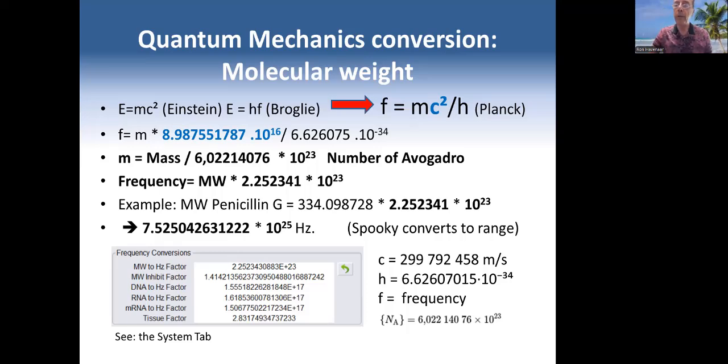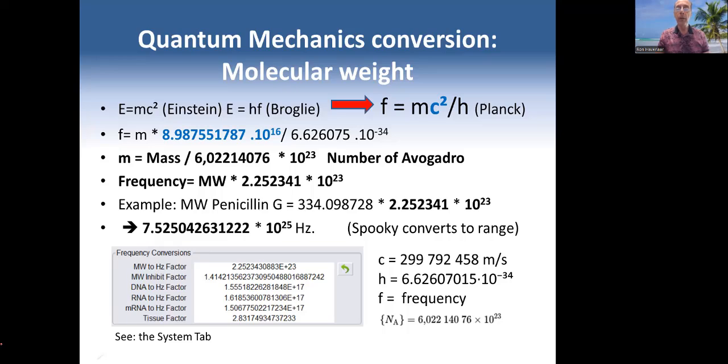In the previous century, around 1900, 1920, they found out that every molecular system had a specific frequency related to what Einstein said, the square of the light speed, depending on the mass.